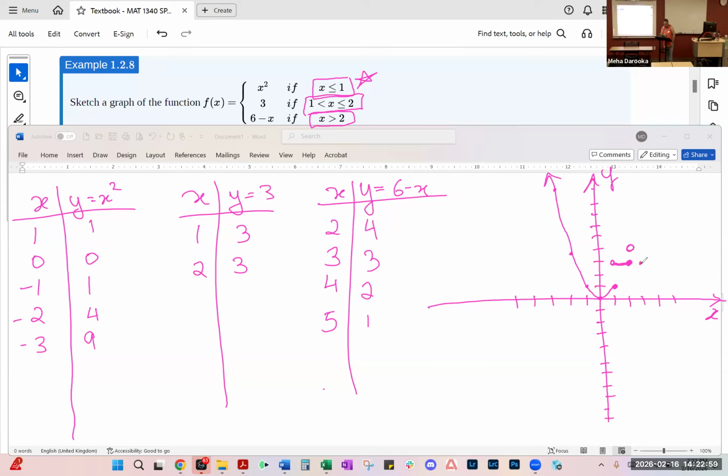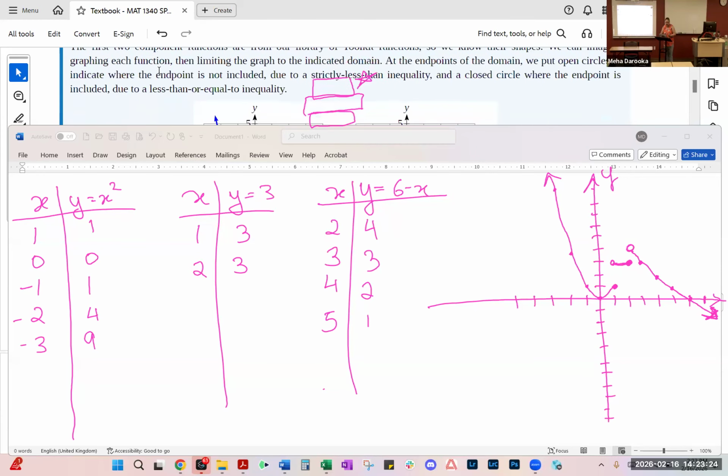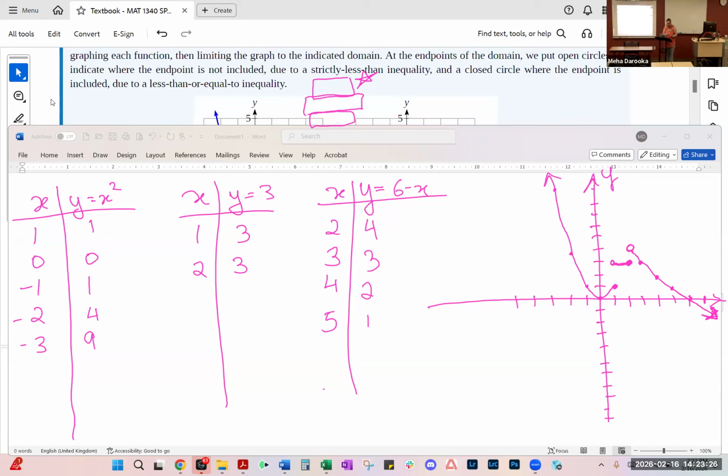Then we had 3, 3, 4, 2, 5, 1, and then of course you would have 6, 0, and then 7, -1 if you kept going, because this is going to be a straight line, which is going downwards. So this is how you would do it by hand if you were trying to graph different pieces. And obviously you will see that's exactly how your textbook has it.